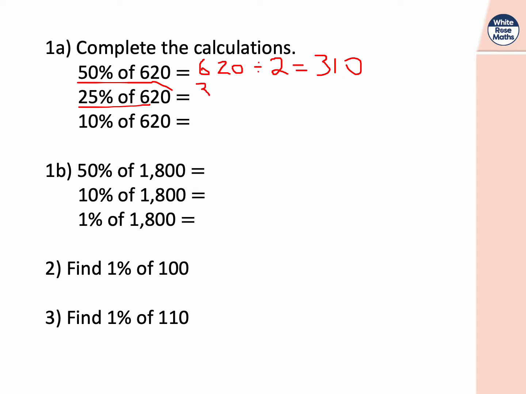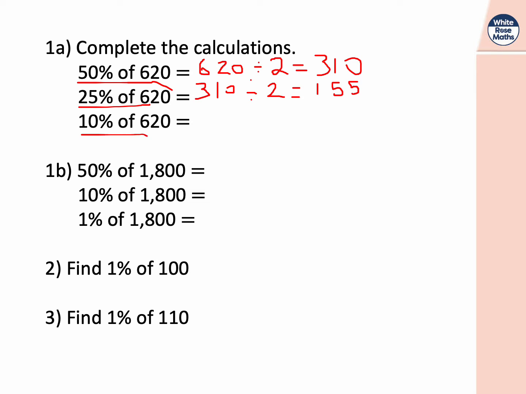So I take 310 and divide that by 2. Half of this gives me 155, because half of 31 is 15.5, so half of 310 will be 10 times bigger than 15.5, so it'll be 155.